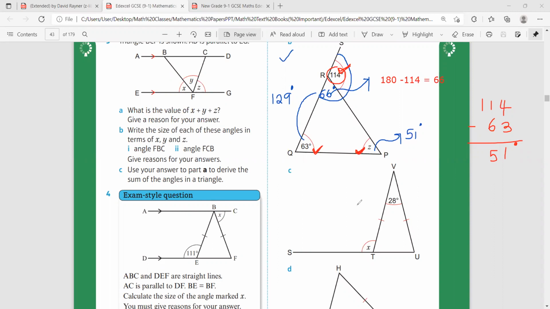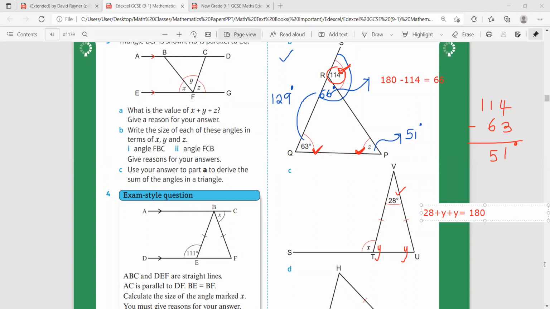Under the second one, now this is an isosceles triangle. If this is 28, these two sides should be similar, so these two angles should be similar. Now what I'm going to do, I can write it as an equation. You all know the way that we write it. So I can write 28 plus y plus y equals 180.